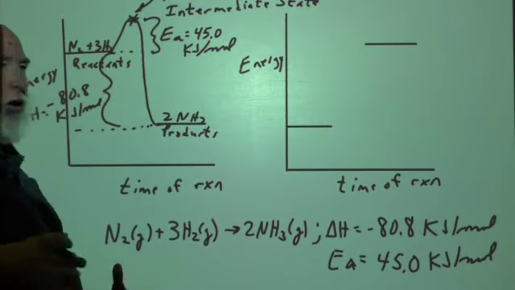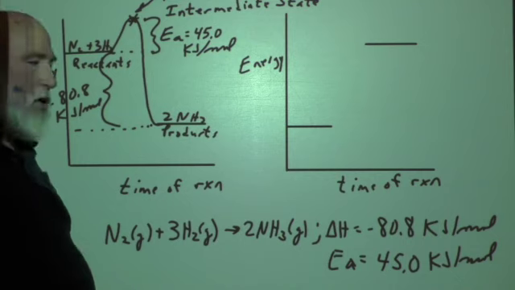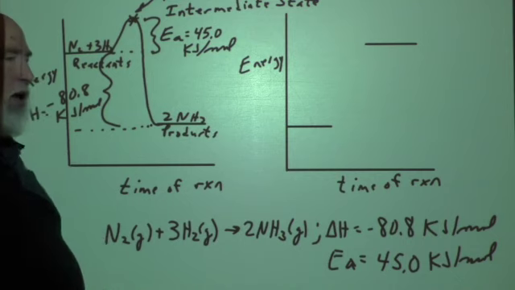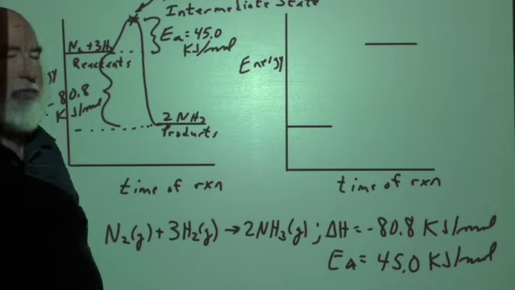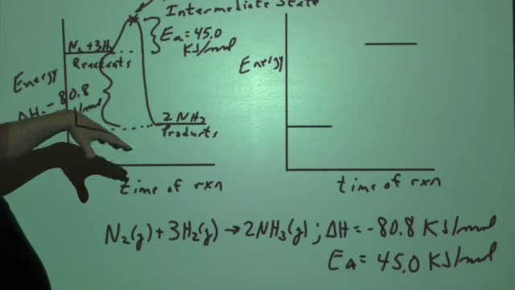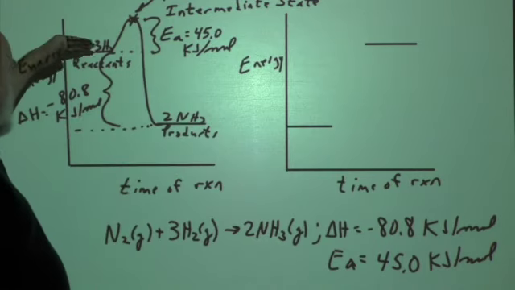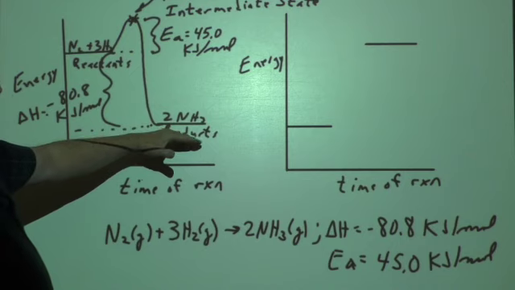Now, all of these are numbers that are inherent only to the reaction you're looking at. We have a whole chart in the back of the book that helps us predict what these are going to be, but they're never the same. All right, so this is what an energy content diagram looks like. And again, I'm going to emphasize, reactants start, products end.